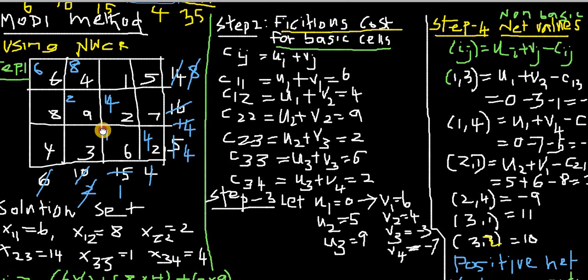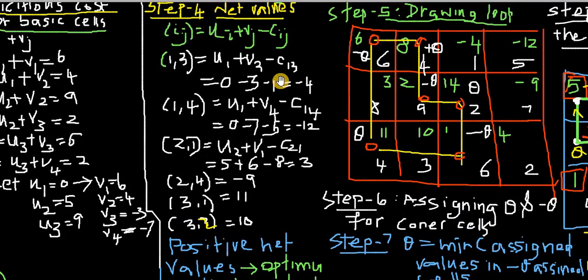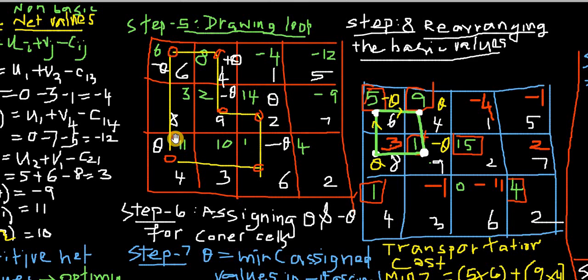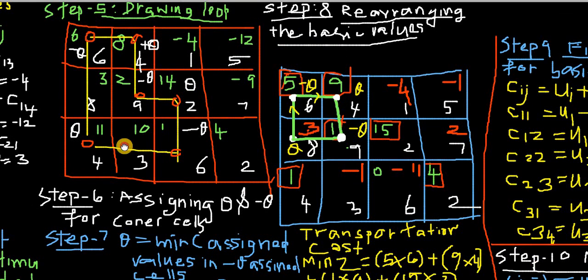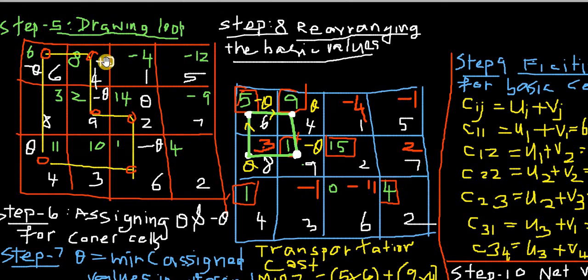Okay, so that's what the non-basic cell places. We are writing the net values we have calculated just before here. Here one non-basic, and here one non-basic.